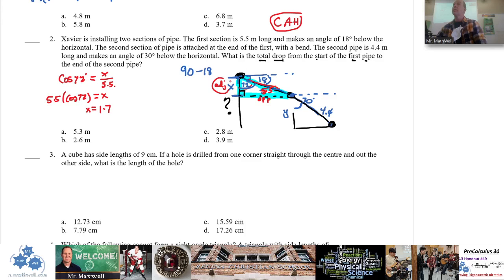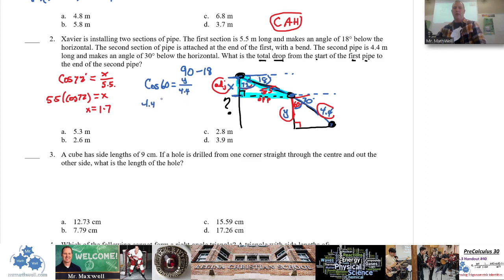For x? Yeah. Okay, so now down over here, this is 30, so this much must be 60, right? Because 60 plus 30 is 90, and this has to equal 90. So now you've got, again, hypotenuse and adjacent. So I'll change color to blue over here, and I'll do cos of 60 now equals adjacent, it's y, over hypotenuse, 4.4.